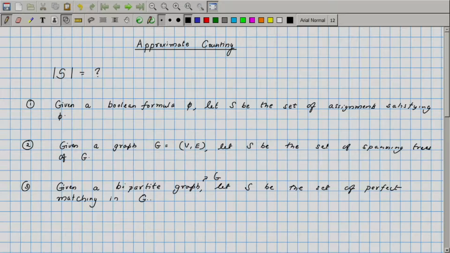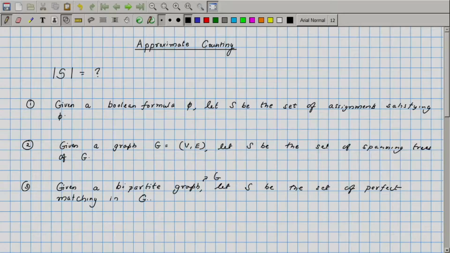If you think of each of these as computational problems, in the first case the input is a Boolean formula of a certain length, in the second case it is a graph of a certain size, and in the third case it is a bipartite graph of a certain size. And our answers depend on the formula and the graphs given as input. But how large can these answers be? For a Boolean formula with n variables, the count could be as large as 2 to the power n.